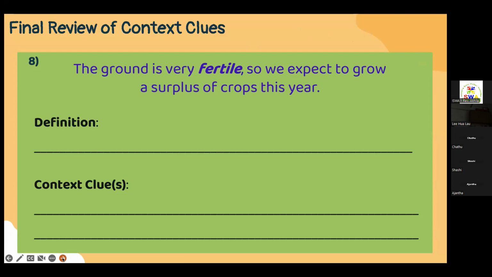Suitable for the grow. Grow, is it? Sashi said grow. Does anyone else have more? Fertilizer. How do you all know? Grow. Sorry? Grow.